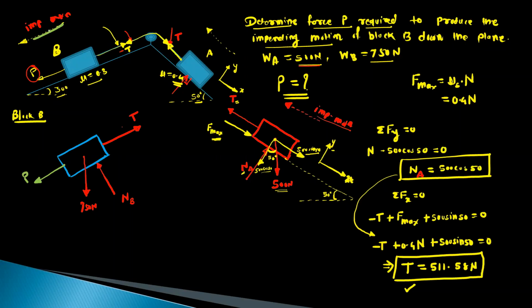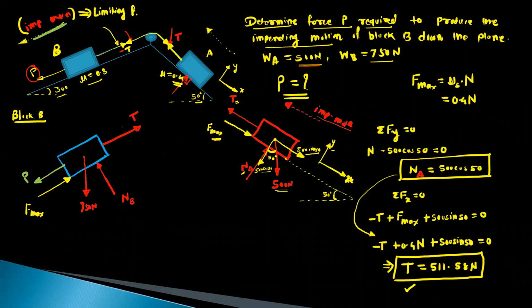And the impending motion for the block B, it is in the downward direction. So the frictional force will be exactly opposite. So this is the frictional force. Okay. And this frictional force is the F max value. Because when we consider the impending motion, it is nothing but the limiting condition.